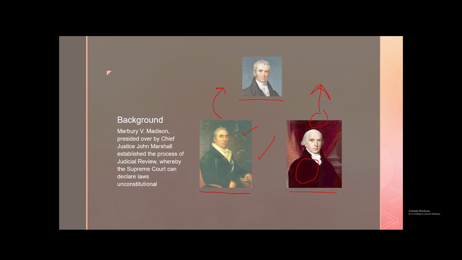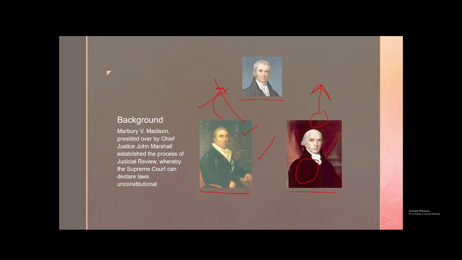Now, during the course of this, John Marshall and the other justices decided that they couldn't do what Marbury wanted because they did not have the constitutional power to do what the Judiciary Act of 1789 allowed them to do.